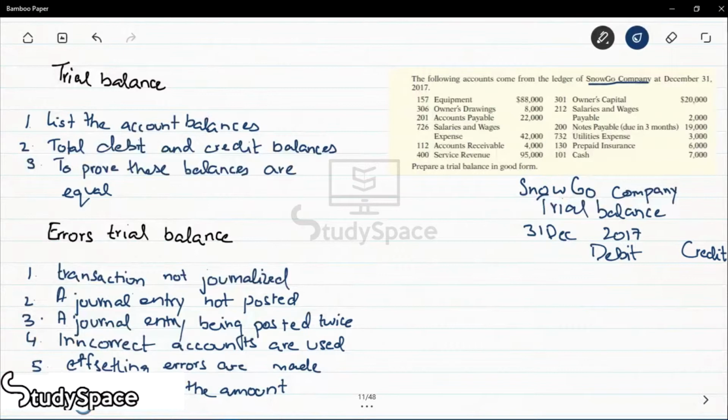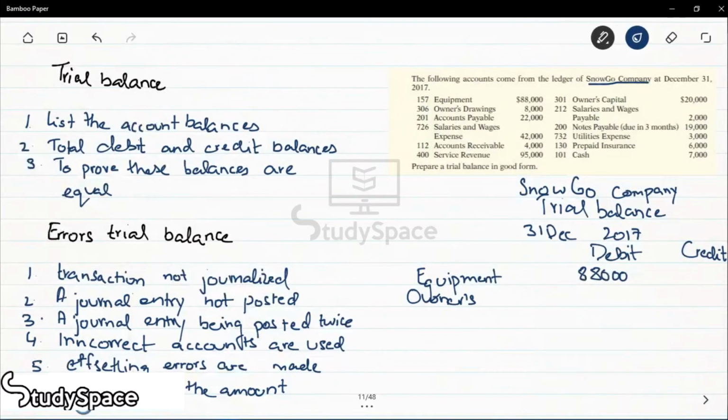Now, as you can see, the equipment is a positive 88, which means equipment, being our asset, is going to be debit because it's positive, and all assets are positive when they are debit, as we studied in our previous video. Moving forward, we have owner's drawings.